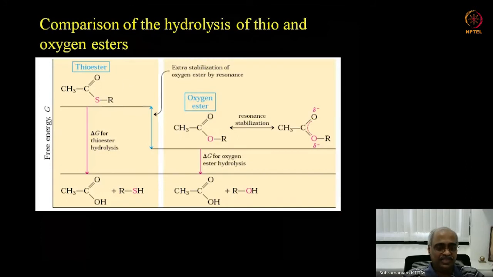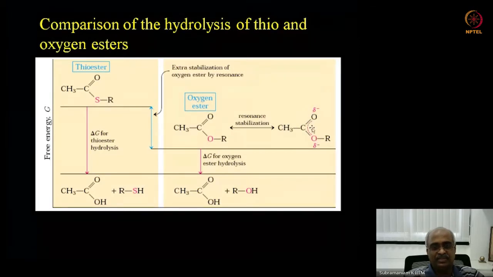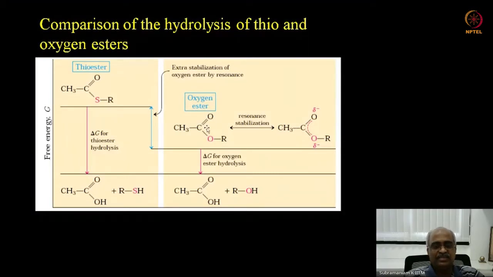And in thioesters, there is an interesting feature that we want to consider here. If you look at an oxygen ester, okay, carboxylic acid with ROH, let's assume this is glucose and this is acetic acid. So here, now when you hydrolyze, you get ROH, and this structure here can have a resonance stabilization in the reactant itself. Okay. So as a result, it is somebody standing on the 3 feet diving board.